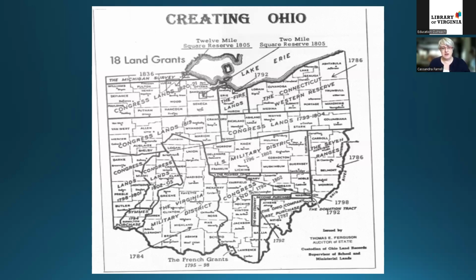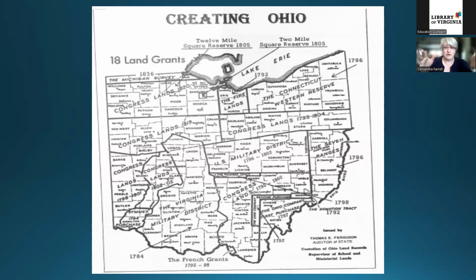So after the war ends, you have a number of soldiers who make claims to their bounty warrants for land in Ohio, which is a part of the Northwest Territory, which was officially established in the mid 1780s by the Articles of Confederation government. And of course, the Articles of Confederation government becomes a new constitutional government, which is in control in the late 1780s into the 1790s and beyond.